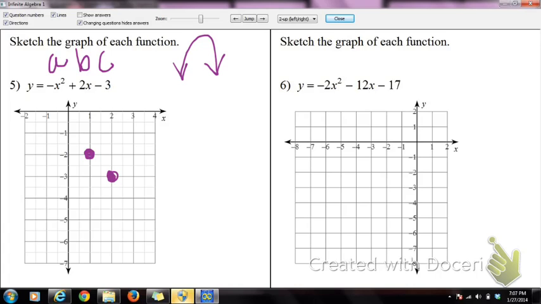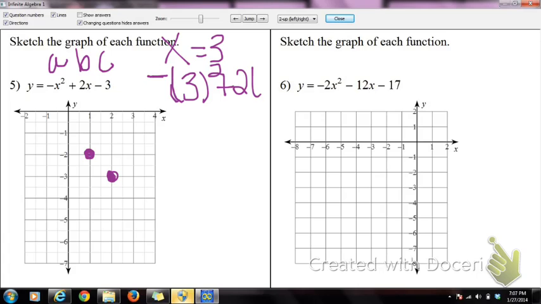We are going to plug in 3 as our last point. So go ahead and plug in 3. X equals 3. What does y have to be? We keep our negative, we plug in 3 in parentheses and we square it, plus 2 times 3, minus 3. So we get a -9 plus 6 minus 3.